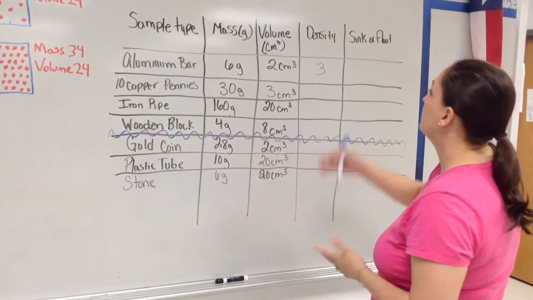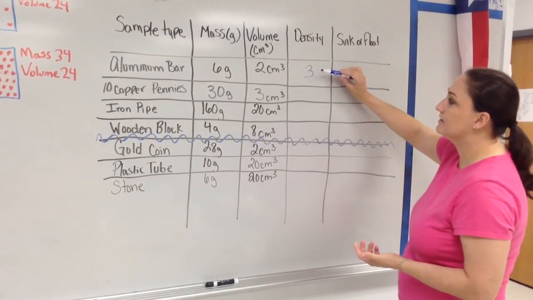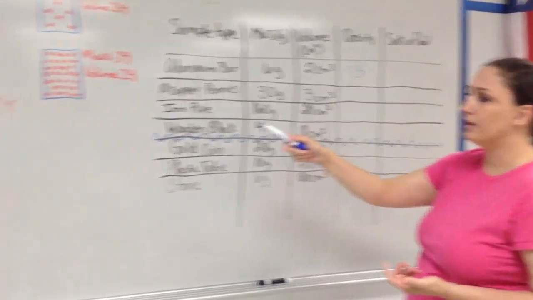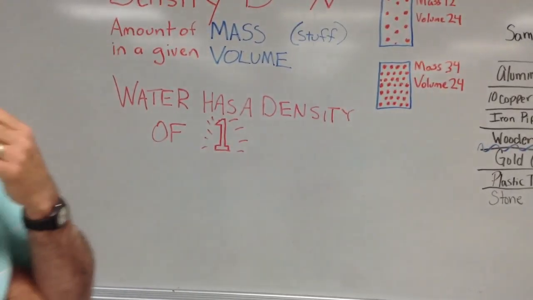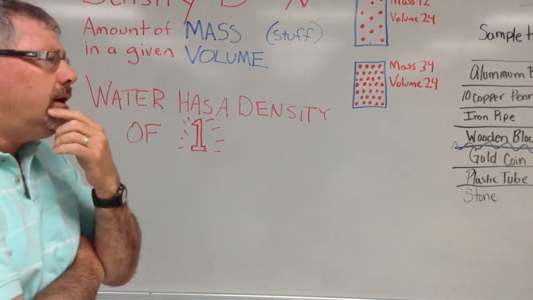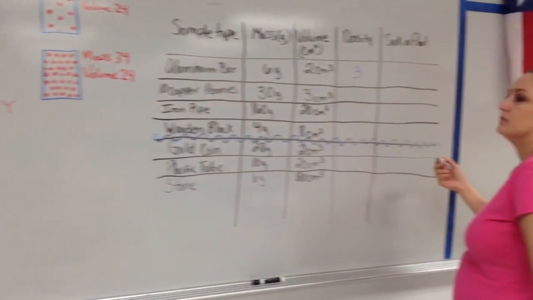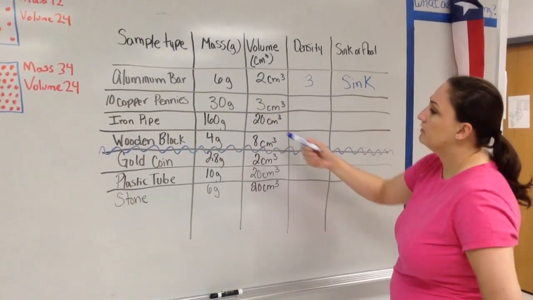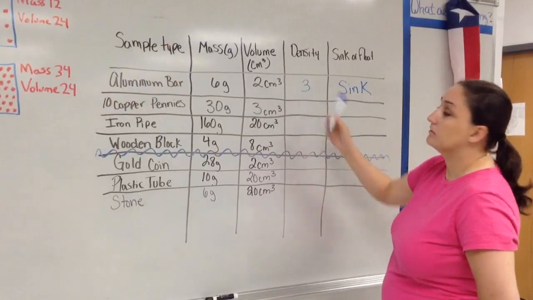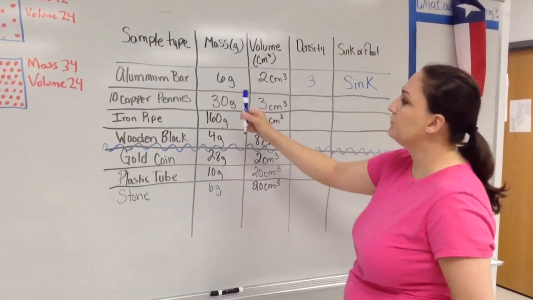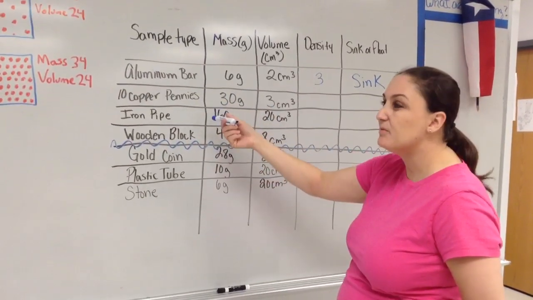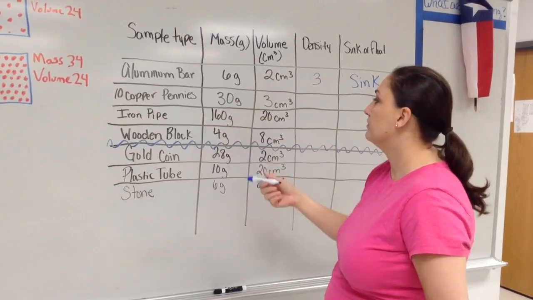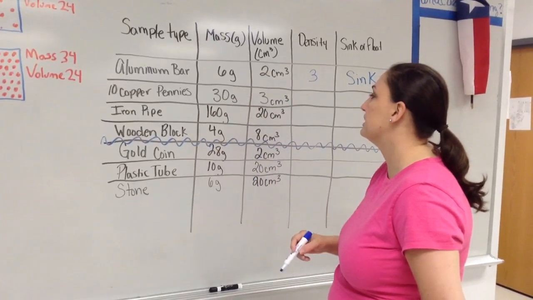If we know that the density is 3 and the density of water is 1, is it going to be more dense or less dense than water? So it's going to sink, because the density is greater than 1. Then we have copper pennies. We have 10 pennies, so it's 30 grams for mass. The volume's 3 centimeters cubed.